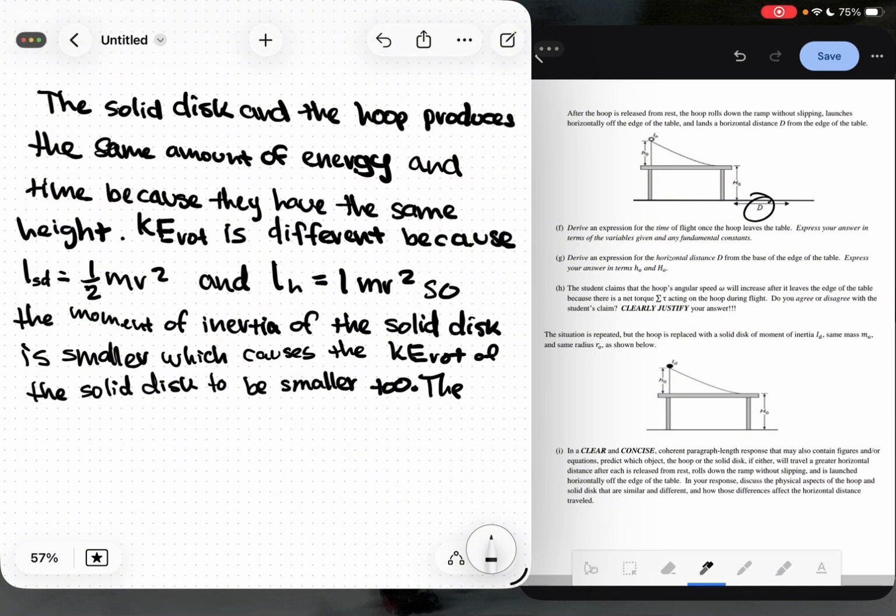So the KE linear for the solid disk has to be bigger to make up for it.